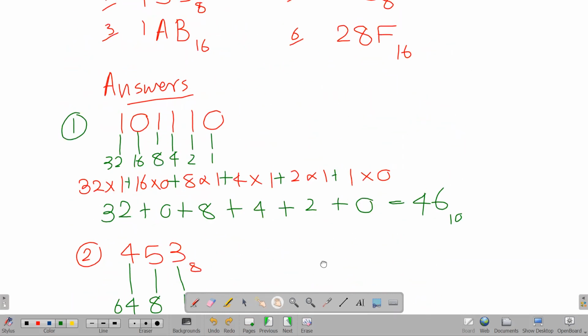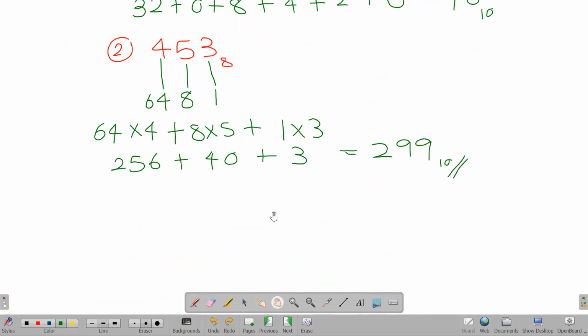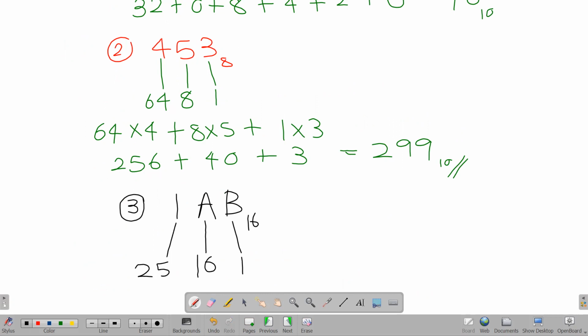Right. So what do you have at the third one? 1AB in hexadecimal. So the third one, 1AB. The place values will be 1, 16, 256. We had better remember A means 10, B means 11.